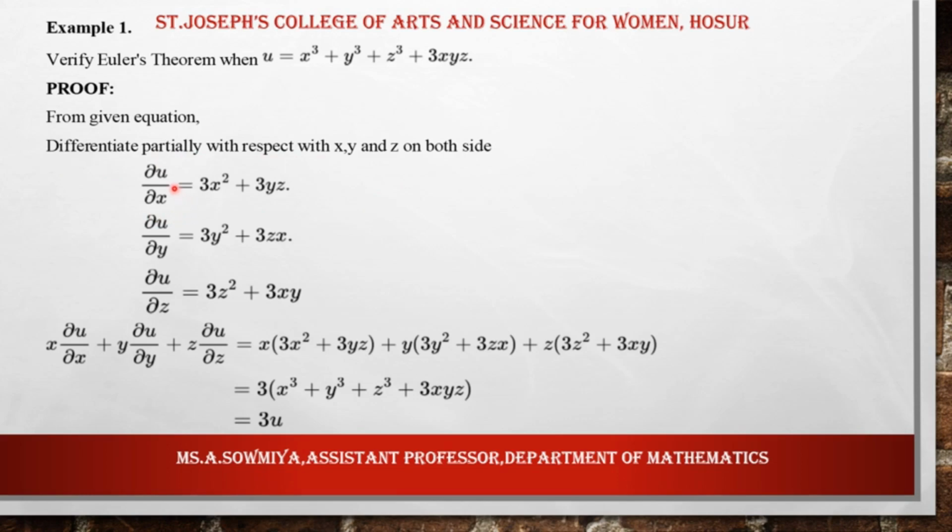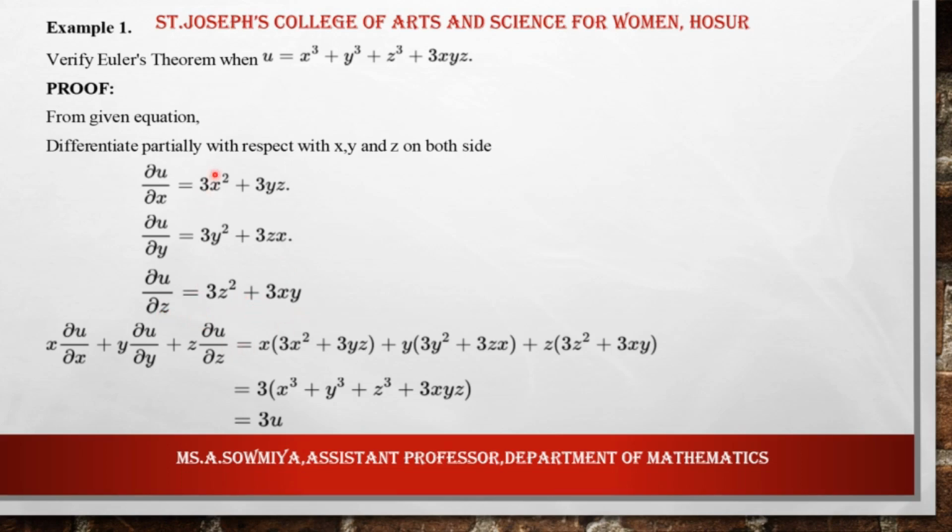We get dou u by dou x equals 3x square plus 3yz. Next, partially differentiating with respect to y, we get dou u by dou y equals 3y square plus 3zx. Next, differentiating with respect to z, we get dou u by dou z equals 3z square plus 3xy.